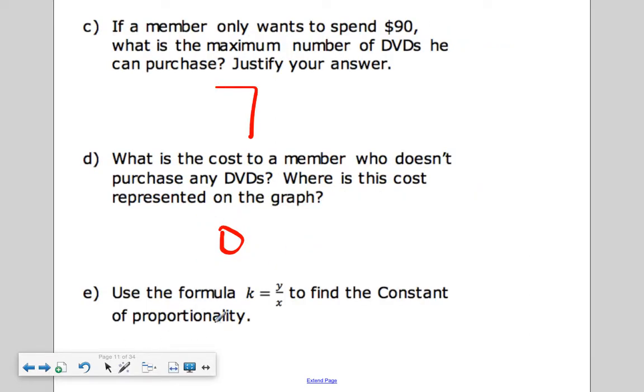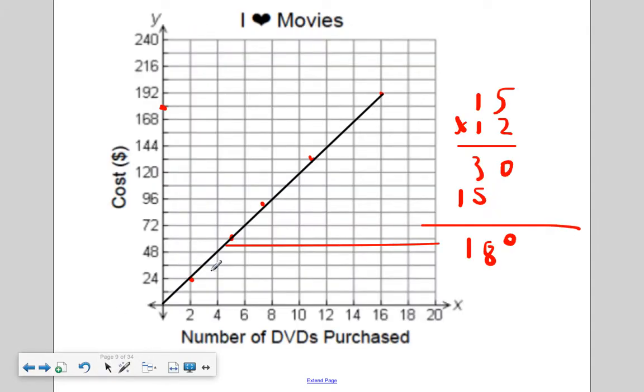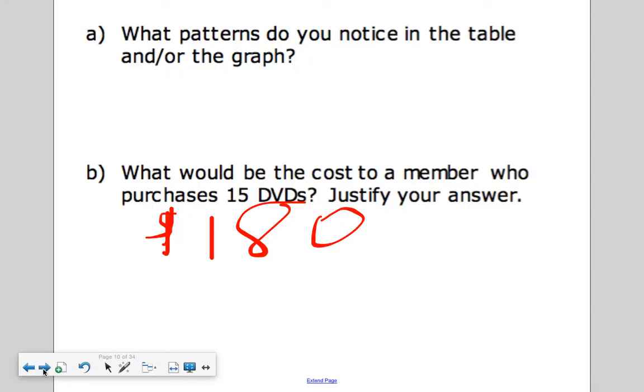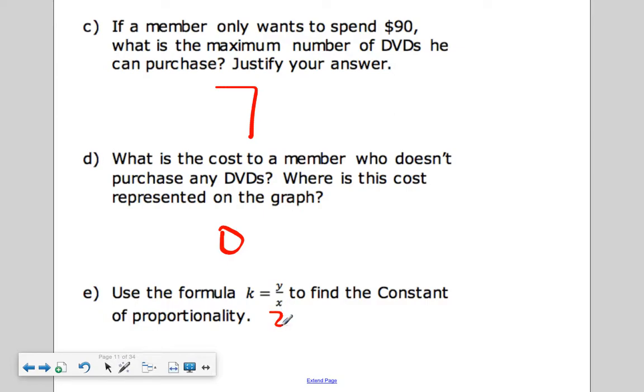And using the formula k equals y over x, find the constant of proportionality. So find an ordered pair here. Here's the ordered pair, 2, 24. If you want to look at your table, it's also on your table, 2, 24. So the cost is the y.